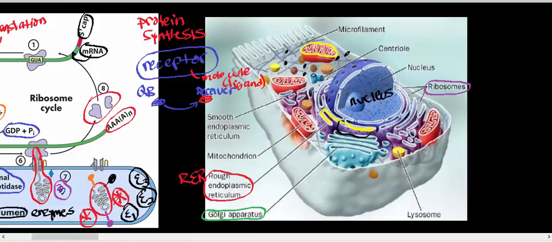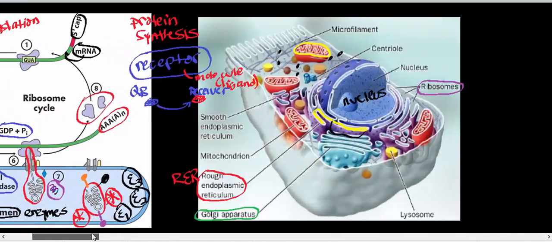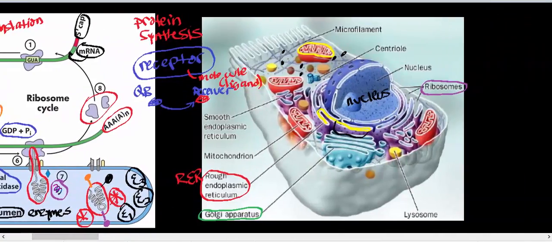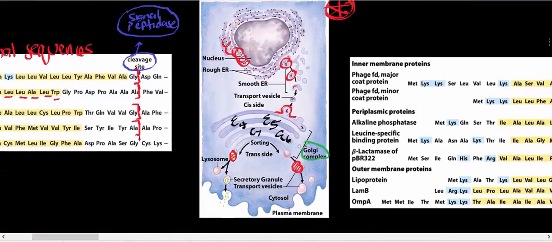But when you have proteins that are made by ribosomes on the rough ER, they have a different destiny. Those proteins tend to go to membranous organelles or the plasma membrane. So I'm just showing you basically two examples.